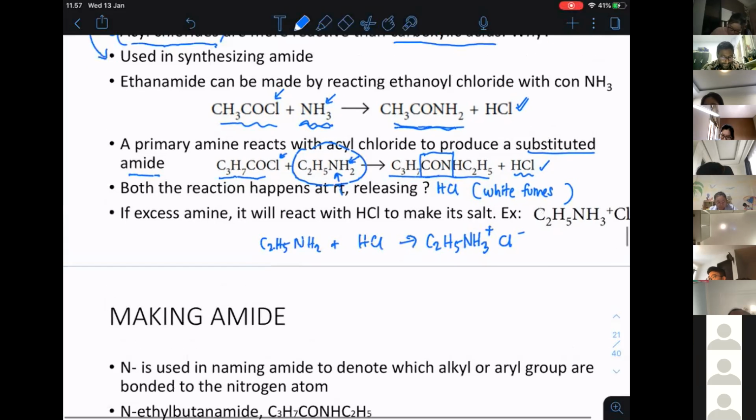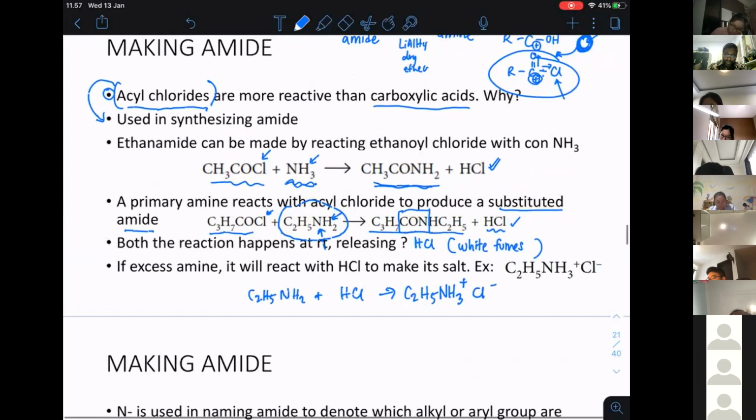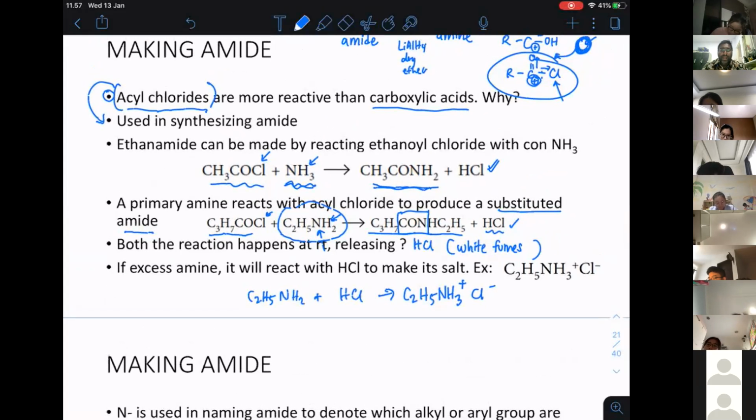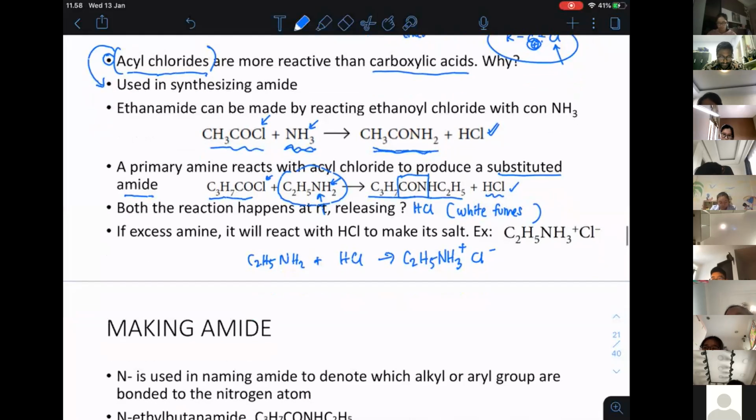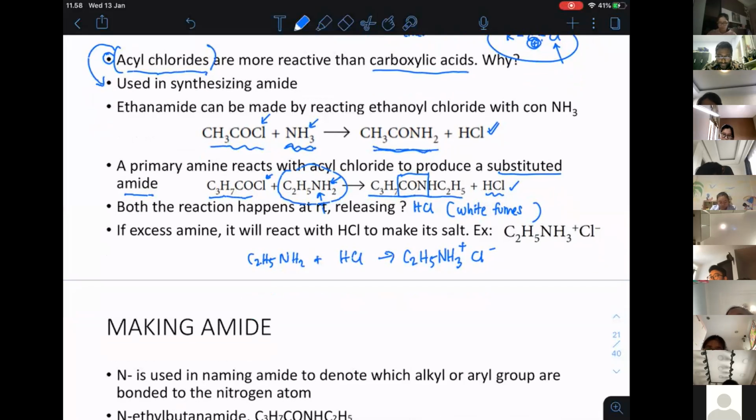So the first one, the reaction to make amide: we react acyl chloride with concentrated ammonia, or you can react with amine. Both reactions happen at room temperature.